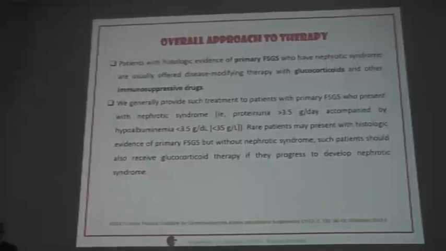They recommended providing such treatment in patients with primary focal segmental glomerulosclerosis with nephrotic range proteinuria, more than 3.5. Those patients with non-nephrotic range proteinuria, less than 3.5 grams, may be considered secondary and usually respond to other modalities rather than immunosuppressive medication or glucocorticoid.